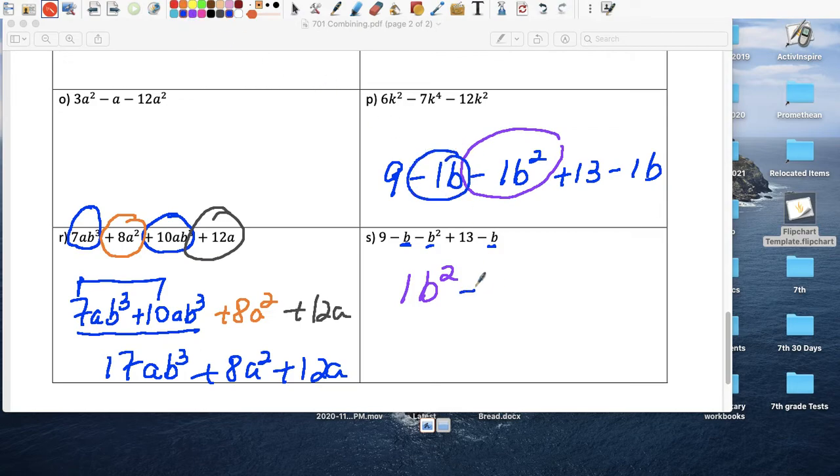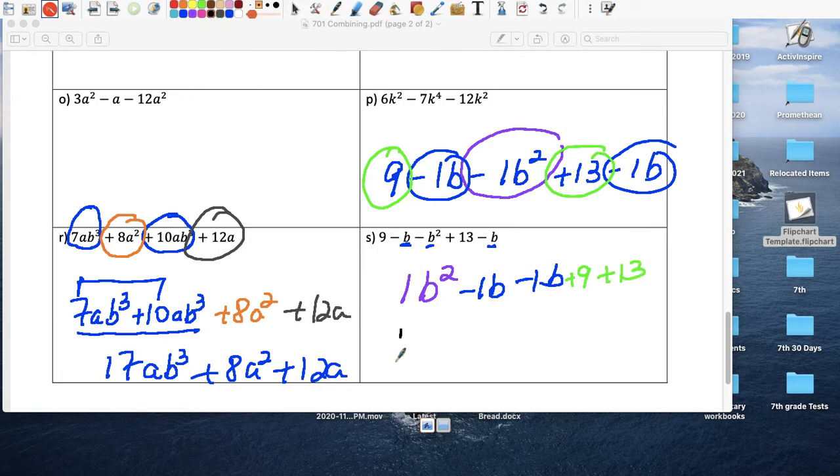So minus 1b, and this minus 1b, they go side by side. And in green, I'm going to put 9, so positive 9 plus 9 plus 13. So the only one that doesn't do anything is this fellow over here, because there's only 1b squared, nobody else. Now, let's combine these two. Be careful how you combine.